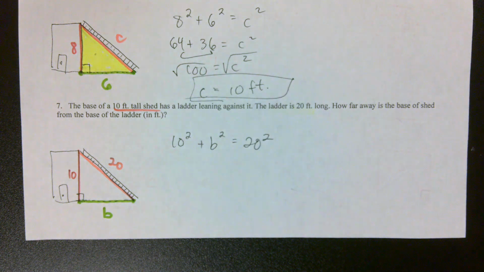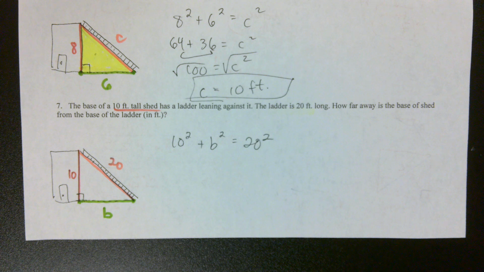So number 7. Again, it's the same type of problem, but we have different information given to us. We're given that the base of a 10-foot tall shed has a ladder leaning against it. So we know the height is 10. That's one leg. But this time we're actually given the length of the ladder, 20 feet long.